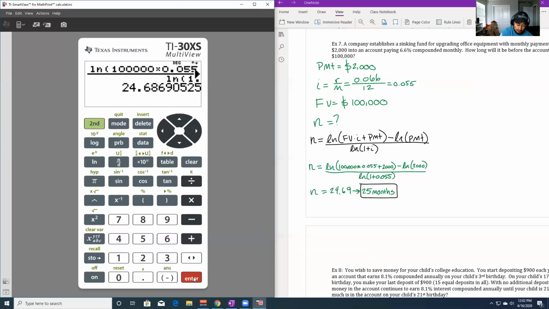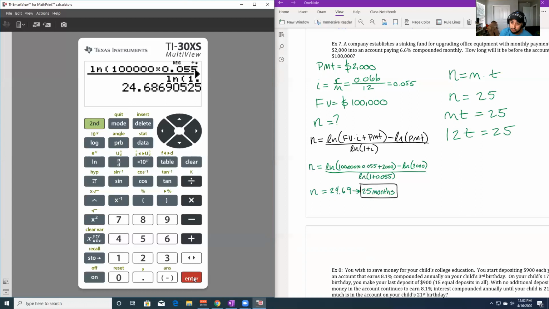All right. Also, something to note if it asks you is that, remember that n is also m times t. So if we bring our answer back, that n equals 25, well, this becomes mt equals 25. Well, we know the number of compoundings, which is 12. So this becomes 12t equals 25.